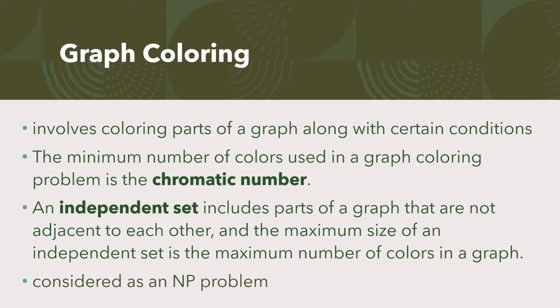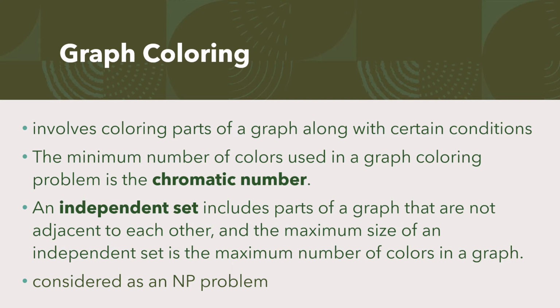Graph coloring basically involves coloring parts of a graph under certain conditions. The chromatic number represents the minimum number of colors used, while an independent set includes parts of a graph that are not adjacent to each other. The maximum size of an independent set is the maximum number of colors in a graph.